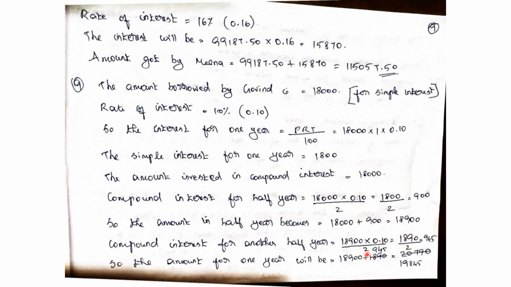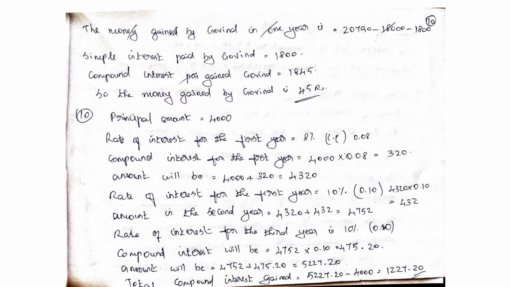That is 18,900 into 0.10 by 2. Okay, so we'll get 945. So the amount for 1 year will be 18,900 plus 945, we'll get 19,845. The simple interest paid by Govind is 1,800.